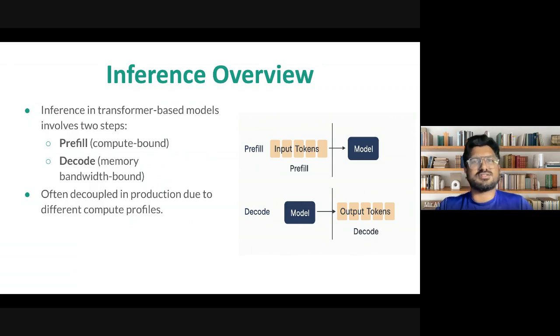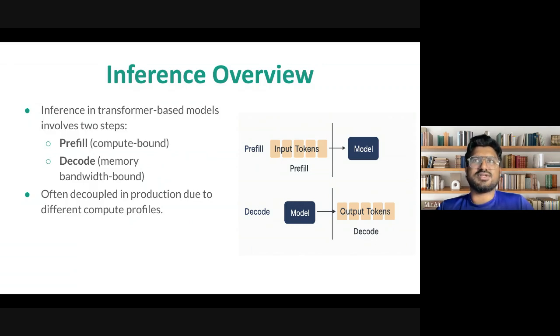Since it's an autoregressive model, it has to compute all the attention caches before generating the next token. That is prefill, and it is compute bound, because we already have all the input text available, and we have to compute all the caches and intermediate steps for that.